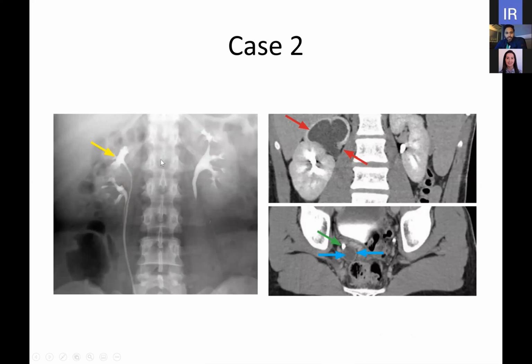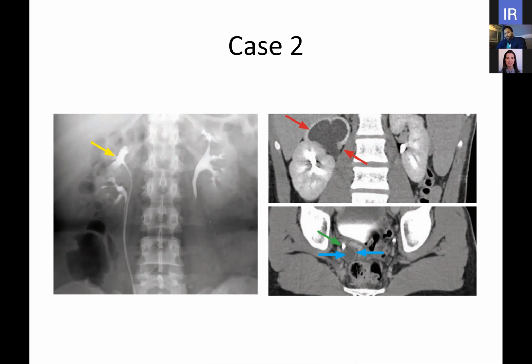Now, this old-fashioned study has been largely replaced by this study, which is a CT, and this is a specific type of CT in that the timing of when the CT was acquired is specific, so that we can allow for contrast to filter through the kidney and into the collecting system.